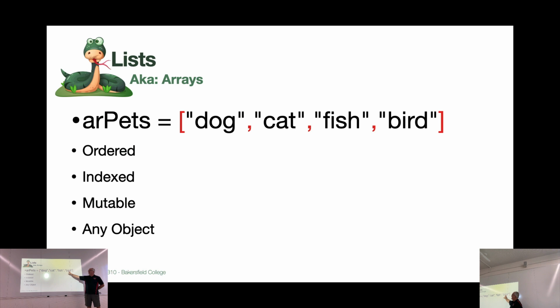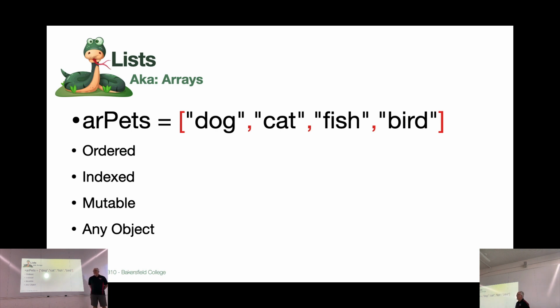So you could have an empty list called AR pets. Sometimes you want to create an empty list at the beginning of your program because you know you're going to add something to it later. So you would do that by saying AR pets equals, and then just a pair of square brackets with nothing in it. That creates an empty list called AR pets to which you can add things later on.